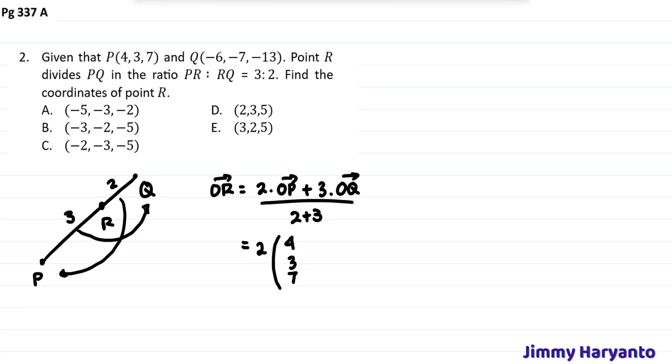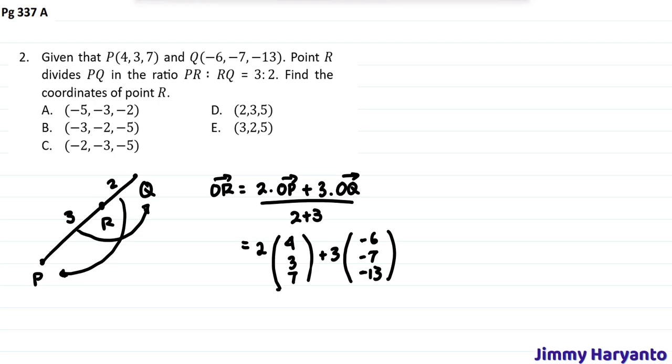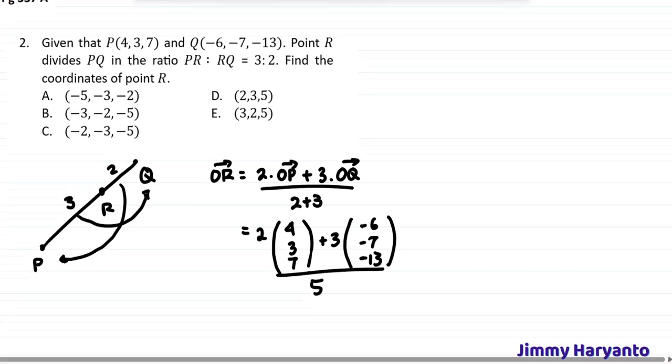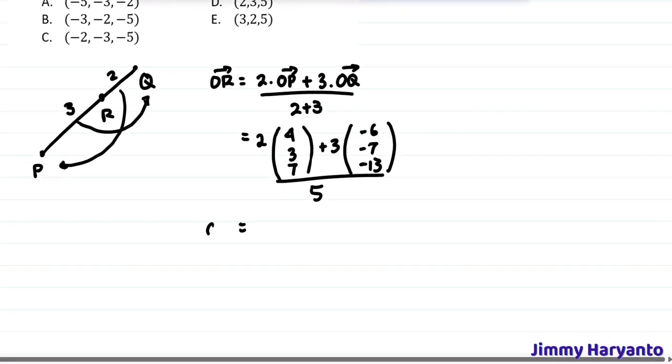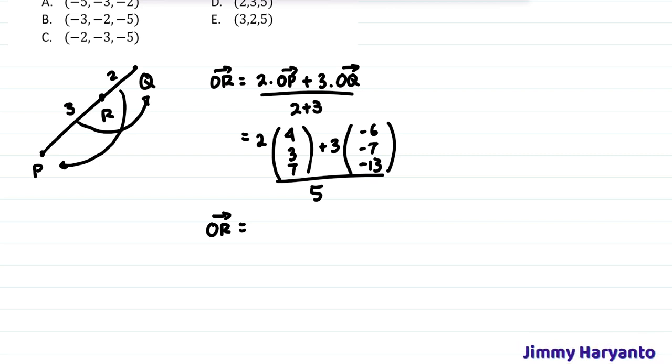2 times (4, 3, 7) plus 3 times (negative 6, negative 7, negative 13), divided by 5. So we will have the coordinate of R directly. The first is 8 minus 18, negative 10. The second is negative 21 plus 6, negative 15.